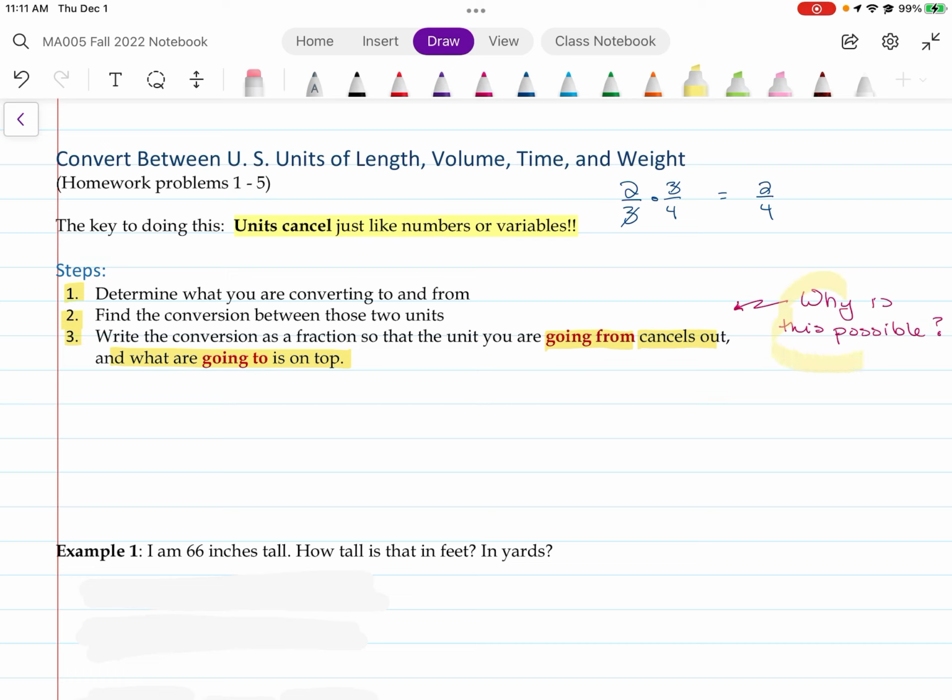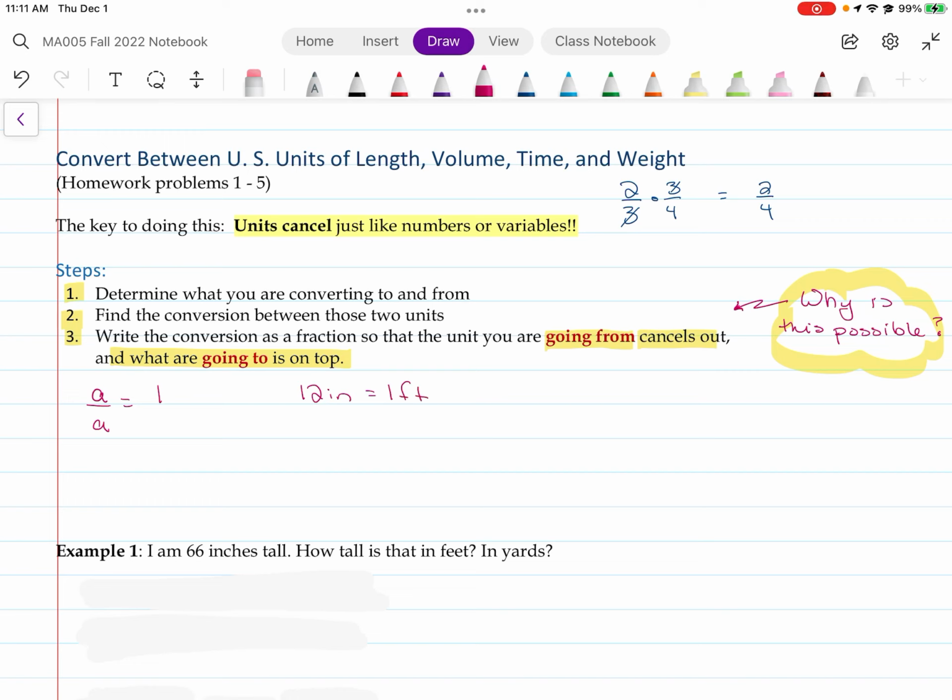My question is, why is this possible? Well, stop for just a moment and think, do you agree that A over A is 1? Hopefully you said yes. And why? Well, it's because A equals A. Well, if you have two things that are equal to each other, like 12 inches is equal to 1 foot, it means they are the same thing.